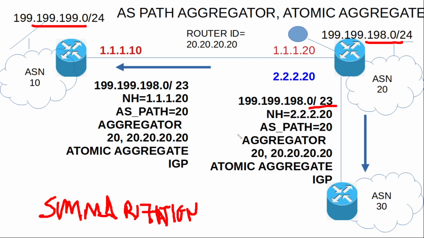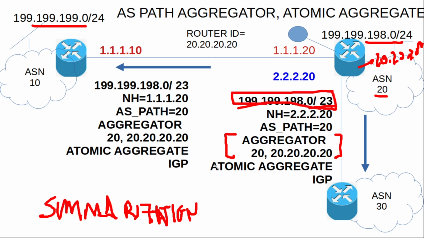In this case, it is going to add a new attribute, which is the aggregator. So everybody knows in the BGP network that this particular device that lives in autonomous system 20 and that has a router ID of 20.20.20.20 aggregated this prefix.